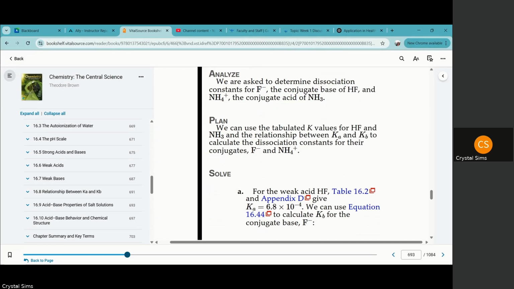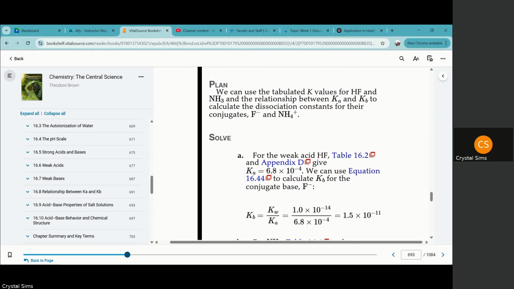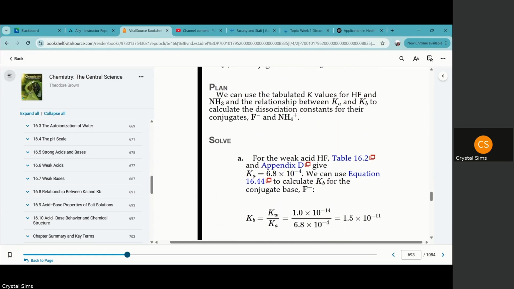So when we go to Appendix D to look at HF, we find that Ka is equal to 6.8 times 10 to the negative 4. So then we plug this in to our equation, Ka times Kb equals Kw.